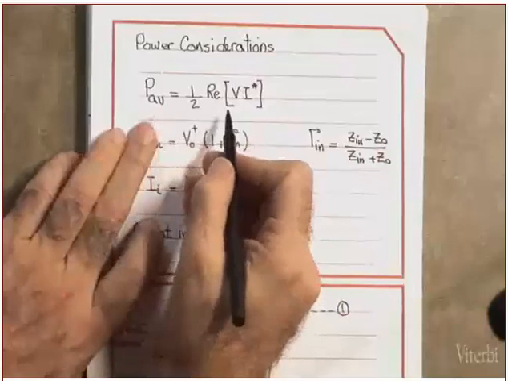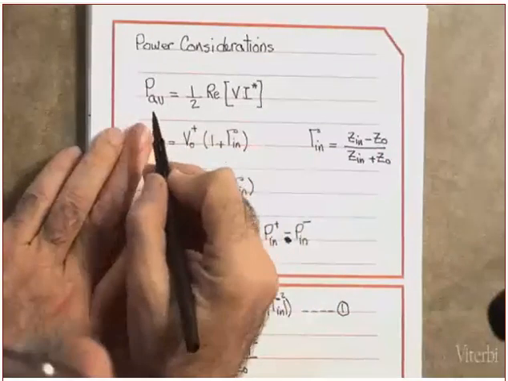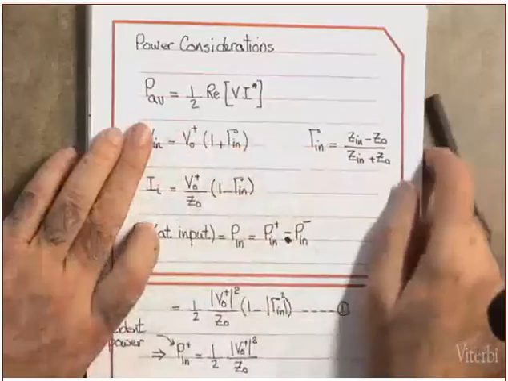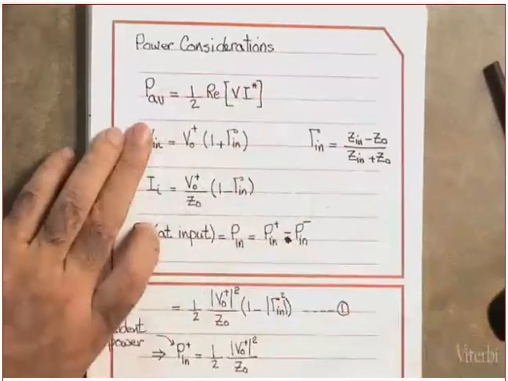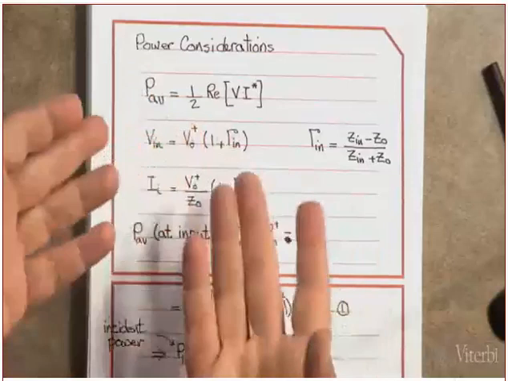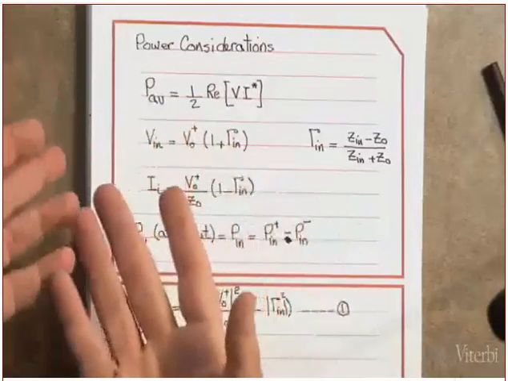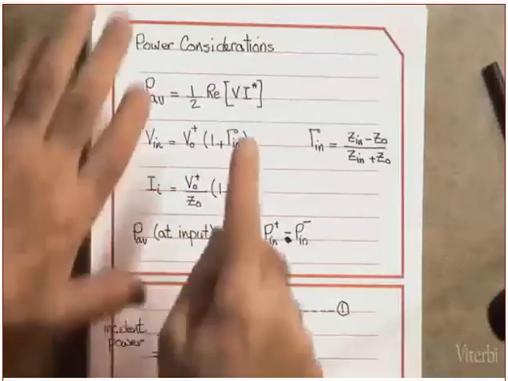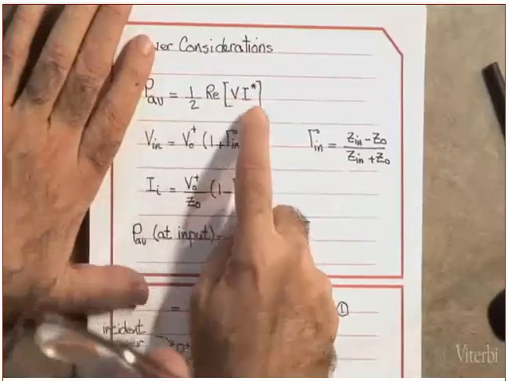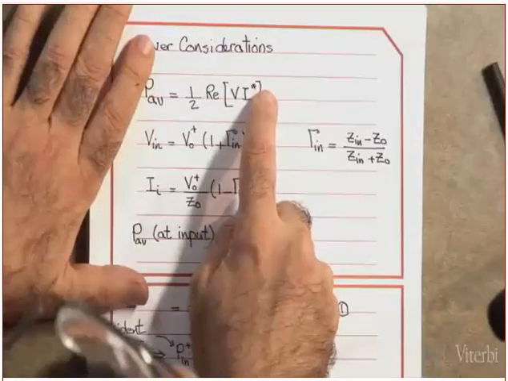I want you to understand the definition of the power. How do we measure the power? It's 1/2. Question, where is the 1/2 coming from? This is sinusoidal. I'm looking at RMS stuff. Did you understand that or not? 1/2 the real value of V times I conjugate.